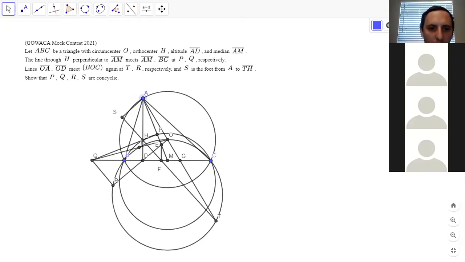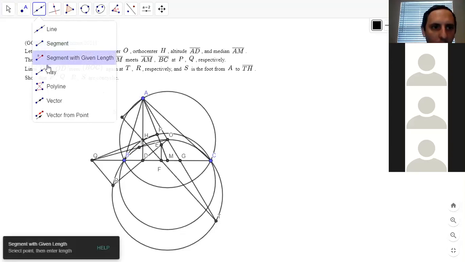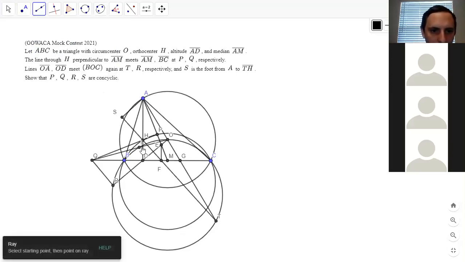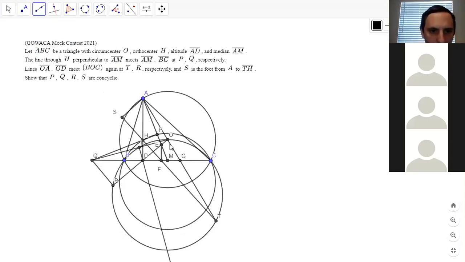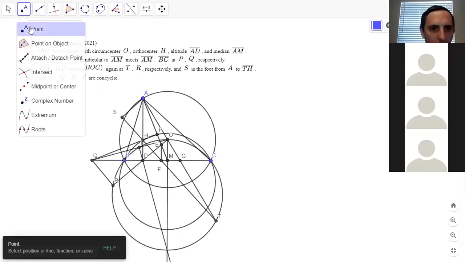Okay. So then we would have, so ID and OM concur on the circle. Okay, so we would have IR. Yeah, okay, that helps a lot. So they would concur at a point.